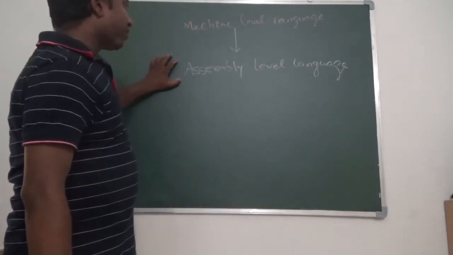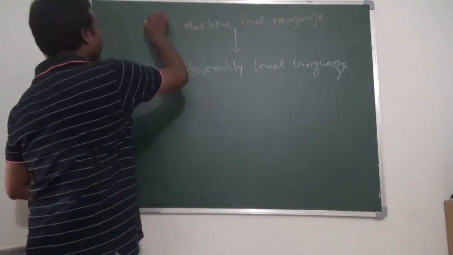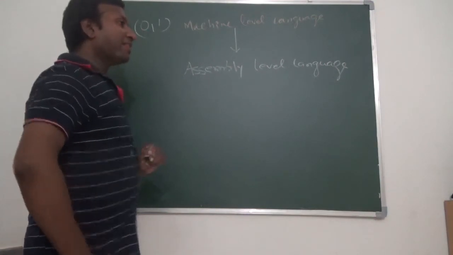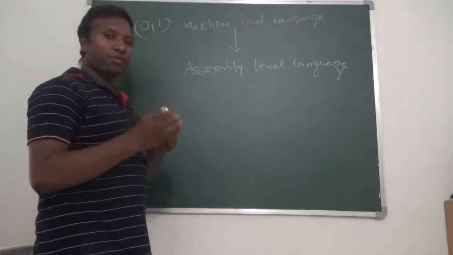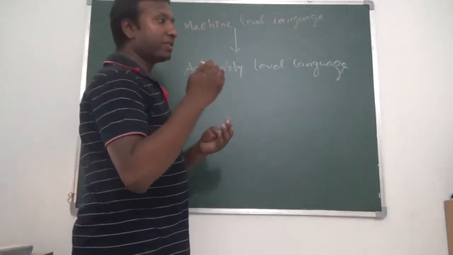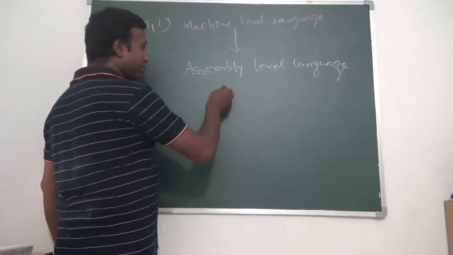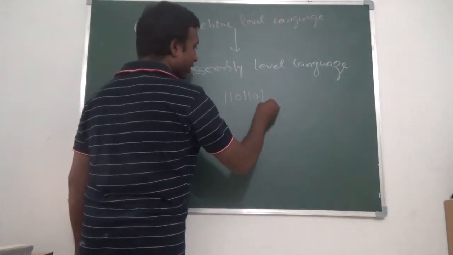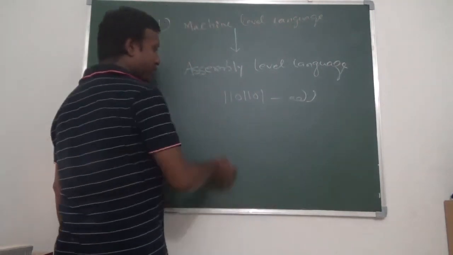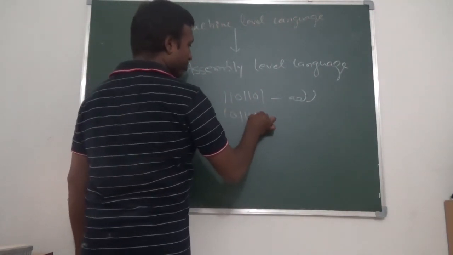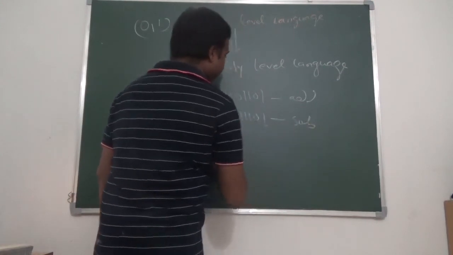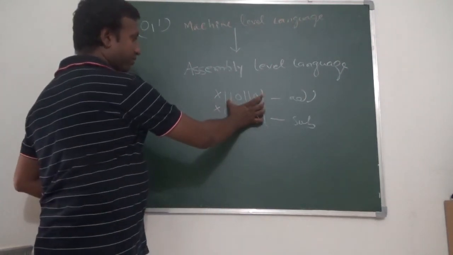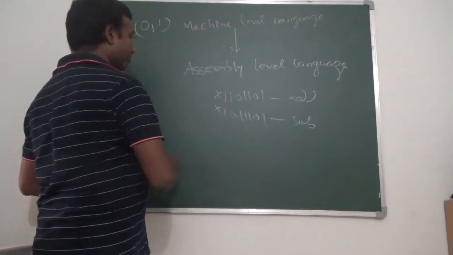Now in assembly level language, we are not using 0 and 1, but rather some kind of short forms to represent one command. As we have discussed, suppose 11011101 is the instruction for add, and 10111101 is for subtract. Then we are not going to use this form, but rather we give a particular name to the instruction.